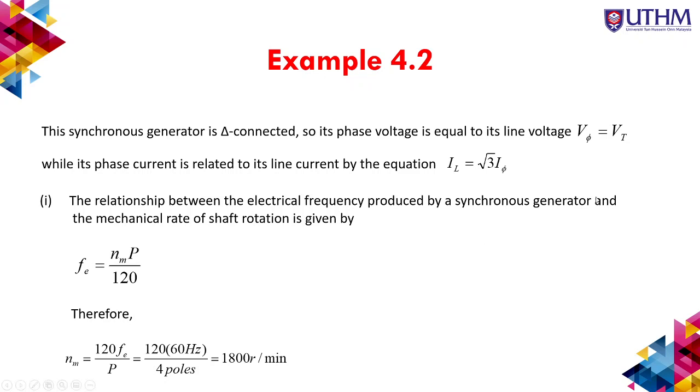Since this is delta connected, V phase is equal to VT, so IL is equal to root 3 multiplied by the I phase. Okay, so question one is what is the frequency or the voltage, the motor speed. The motor speed: 120 times 60 divided by 4 poles will become 1800 RPM, revolutions per minute.